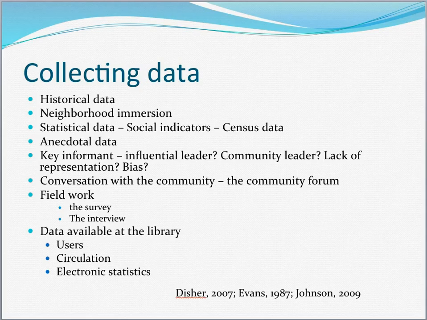However, be aware that when we're talking about data available at the library, we're talking about data of active users, of patrons. We are not talking about potential users because they don't visit the library. So we have to make that distinction, and the idea would be to collect data on active users and data on potential users.